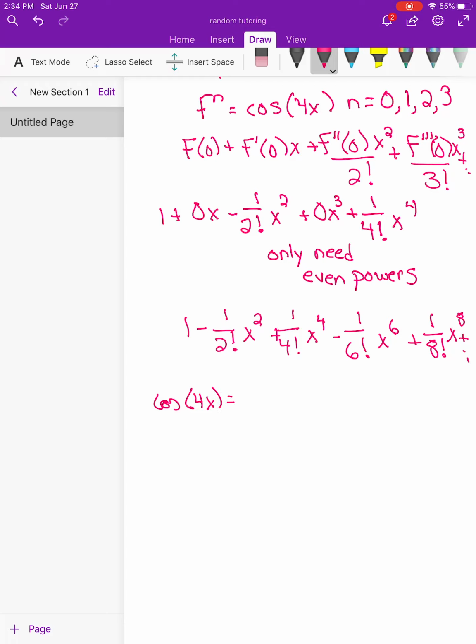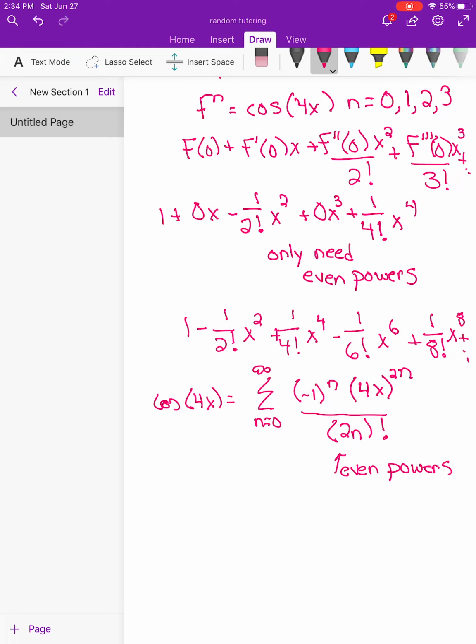It is n equals 0 to infinity. This negative 1 to the n is because you have alternating signs, so that's how you write the alternating signs. We're looking at 4x, which is our function, to the 2n, because we're only looking at the even powers. So 2 times 1, 2 times 2, 2 times 3 gives us each even power. And down here, same thing, 2n factorial, because we're looking at just the even powers.